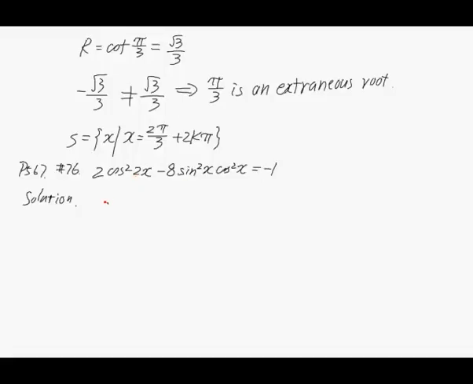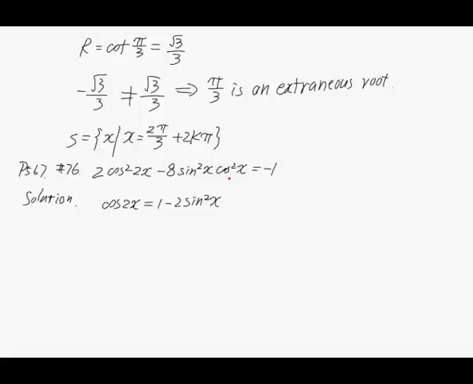We have cosine 2x equal to 1 minus 2 times sine square x. So in this way, we can replace this cosine 2x by 1 minus 2 times sine square x.